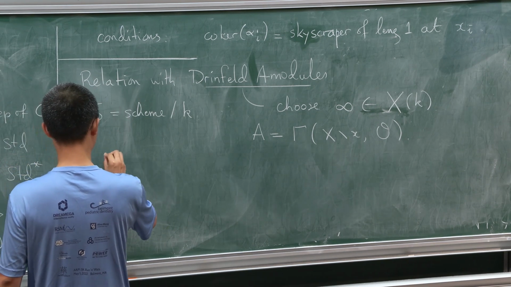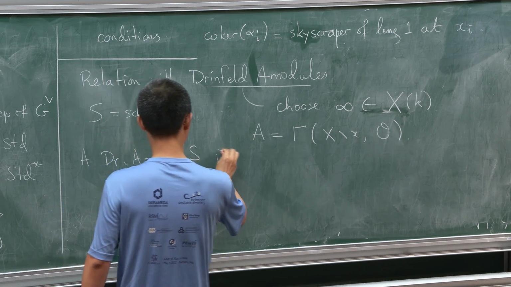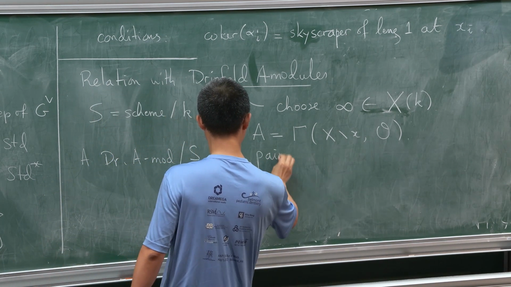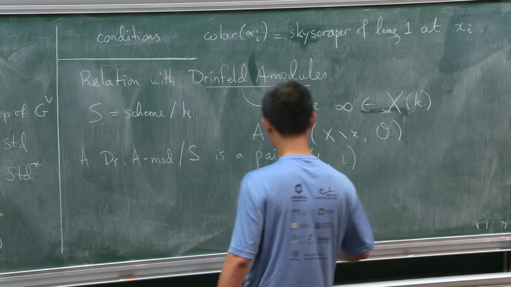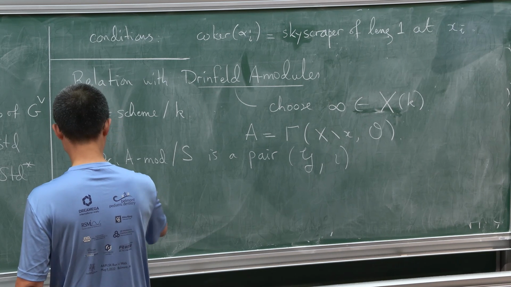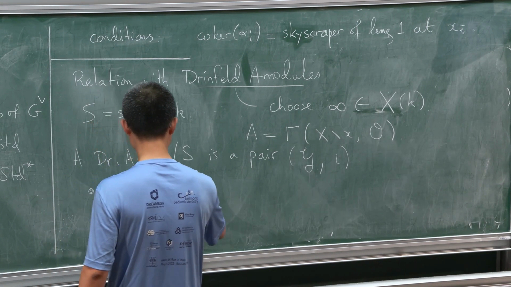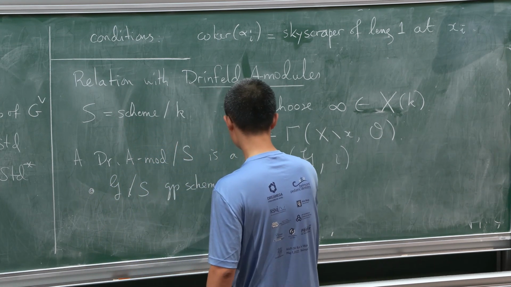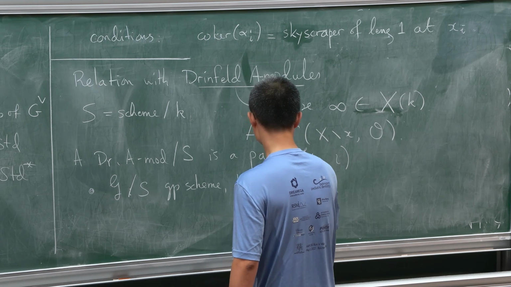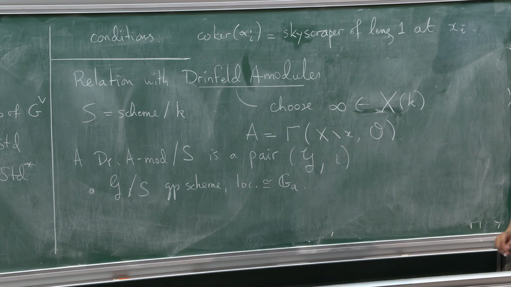So a Drinfeld A-module over S is a pair G and iota, where G over S is a group scheme, Zariski locally isomorphic to the additive group. Okay, so the one-dimensional group scheme.